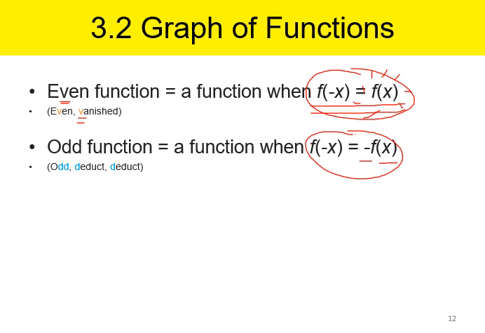Look at "odd" itself. We have how many d's? 2. D for deduct. This just helps us remember. When the function comes with a negative, deduct, we produce a deduct function too. Can that help you remember what is an even function and an odd function?